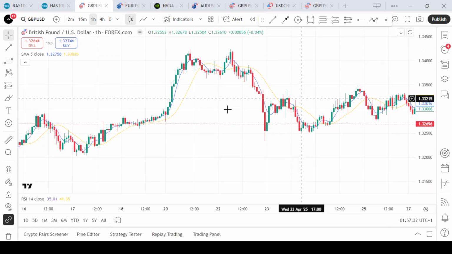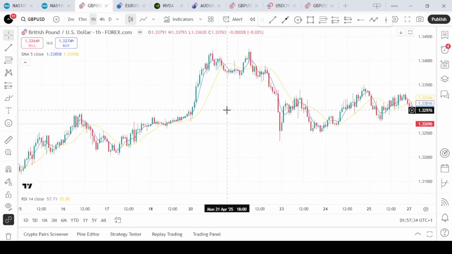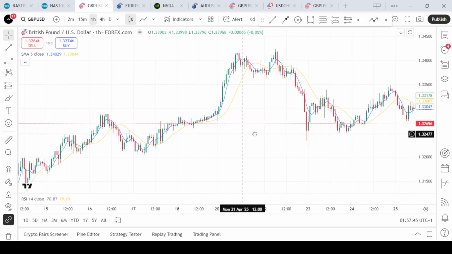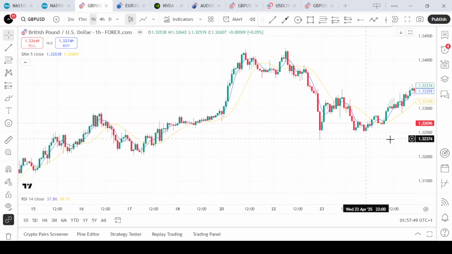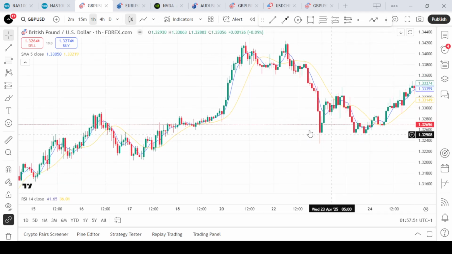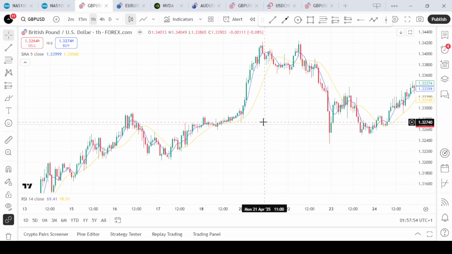We start by understanding what the simple moving average is. This is a widely used technical indicator that calculates the average price of a security over a specified period. Now, this helps smooth out price fluctuations, making it easier to identify trends and patterns in the market.